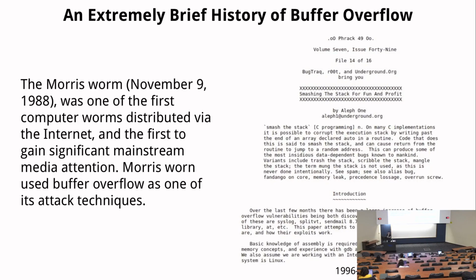This was maybe the first convicted computer crime in history, and the Morris worm used several buffer overflow vulnerabilities to attack services on other computers. Back then, the internet was still small, and the Morris worm took down maybe 10% of the internet at that time, or maybe more. I don't remember, but that was the first time buffer overflow really got attention.